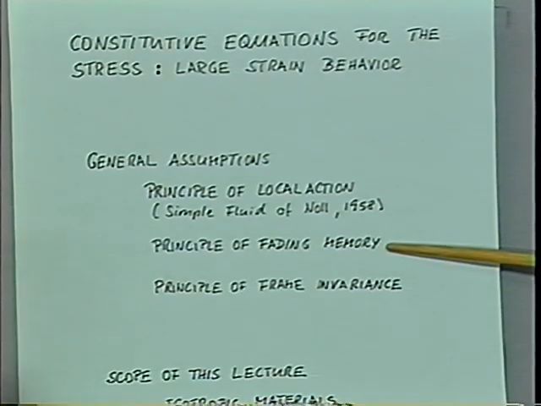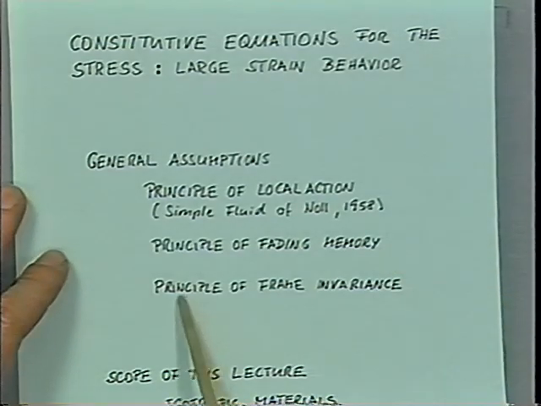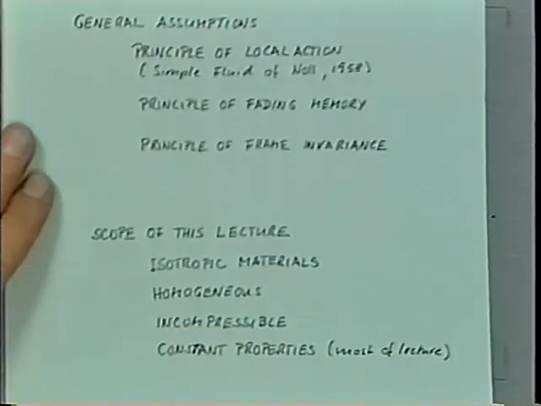The stress should always relax, or events in the past would always have less and less importance for the stress when they are further and further in the past. And then the equation should be formulated so that a solid state rotation doesn't give any stress contribution, and we know already how to do that. So those conditions come from continuum mechanics.